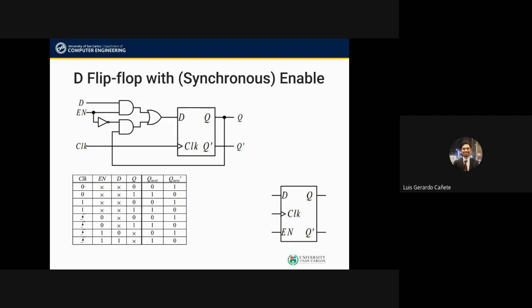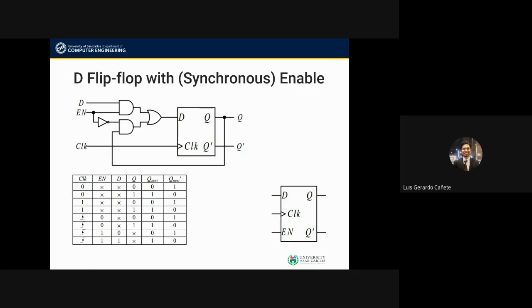So when clock is 0, once again, this is an edge triggered flip-flop. It doesn't matter. Q next will always be equal to Q, or after the transition, the next value of Q will still be equal to Q. As long as it's 0, as long as it's 1, it's going to copy everything. So this part right here is trivial. Let's focus on the rising edge.